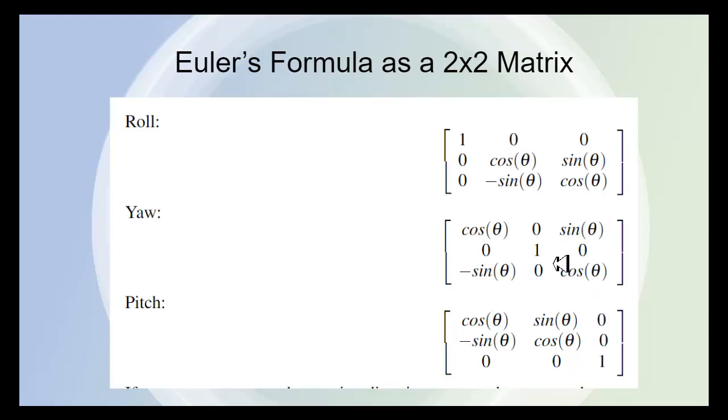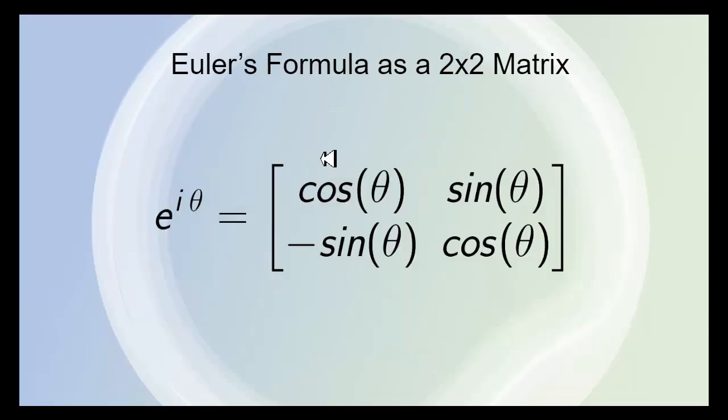This is a rotation about the second axis, which is usually the y-axis. And this is a rotation about the third axis, which is the z-axis. So this is a one-to-one application of the 2x2 matrix of Euler's formula.